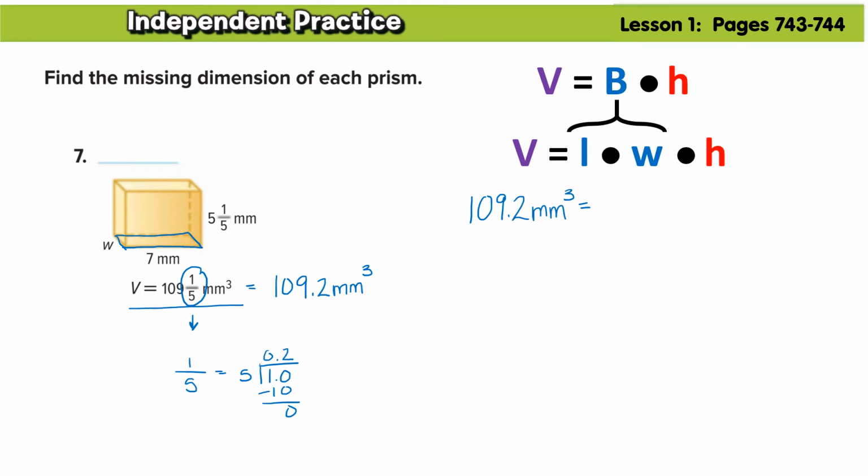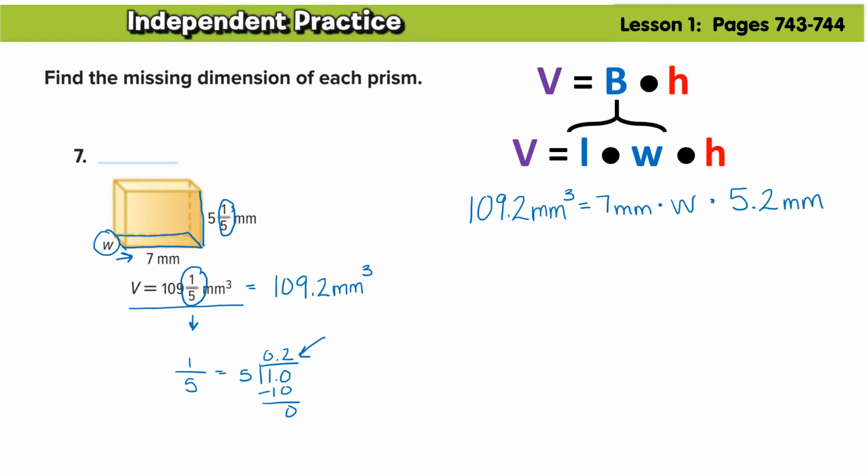All right, the length is 7 millimeters. The width we don't know. And the height is 5 1/5. Now we already said that 1/5 was 2/10, so I can just write 5.2 millimeters.